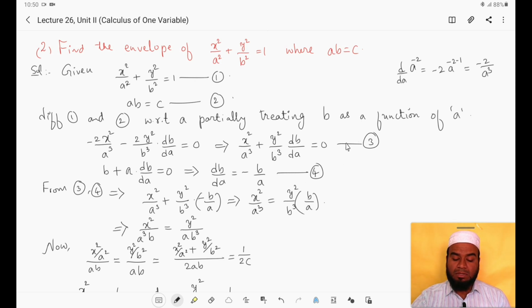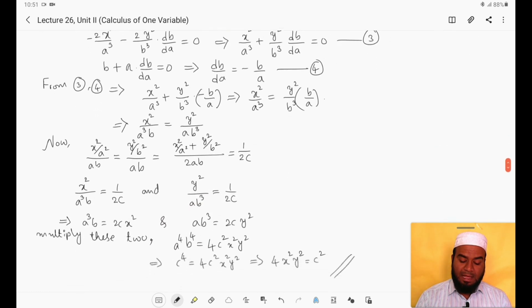Now from 1, 2, 3 and 4 we have to eliminate a, b and dB by dA. Already we got the value of dB by dA. Substitute this here. Then what we will get? x square by a cube plus y square by b cube, and dB by dA is minus b by a. Then from this equation we are taking this term to right hand side, right? Now this a cube, you take this b this side, a cube b and a b cube, right?